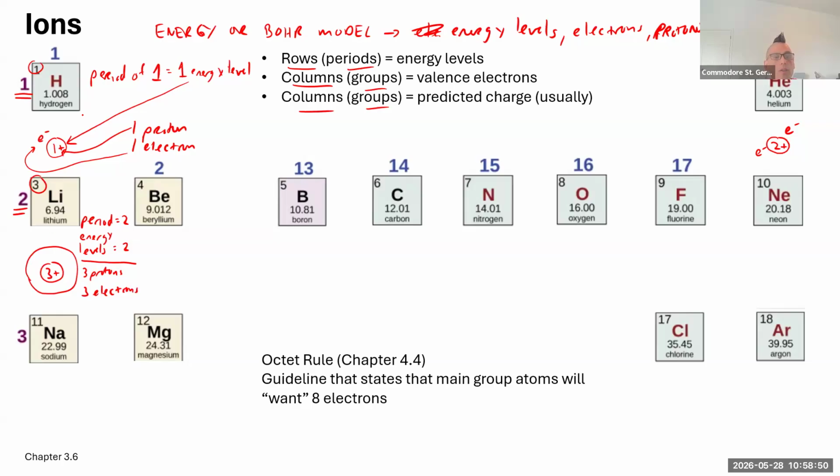All right, so the first two electrons go in the first energy level. Because in the first row, first period, there were two atoms, hydrogen and helium, that first energy level can hold two electrons.